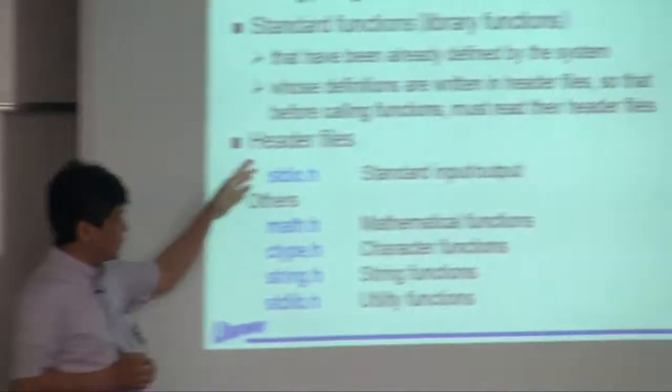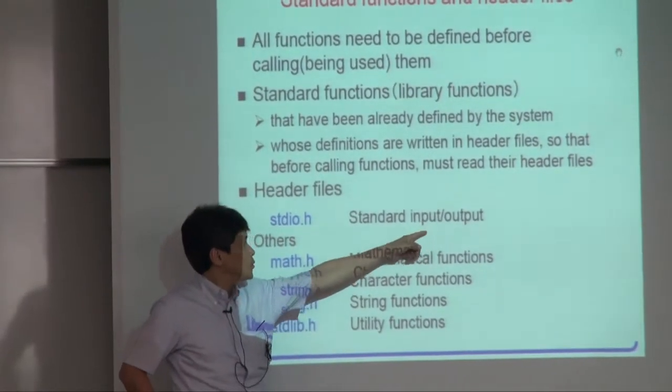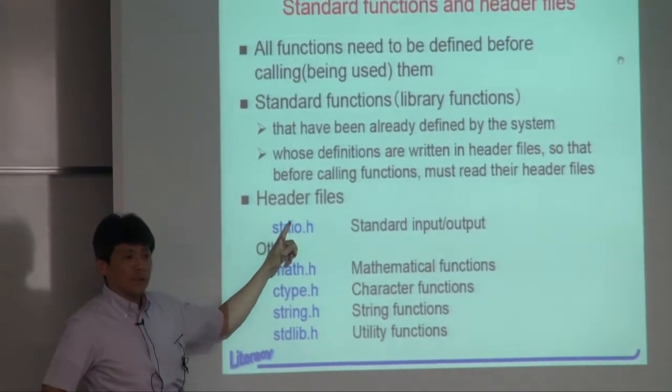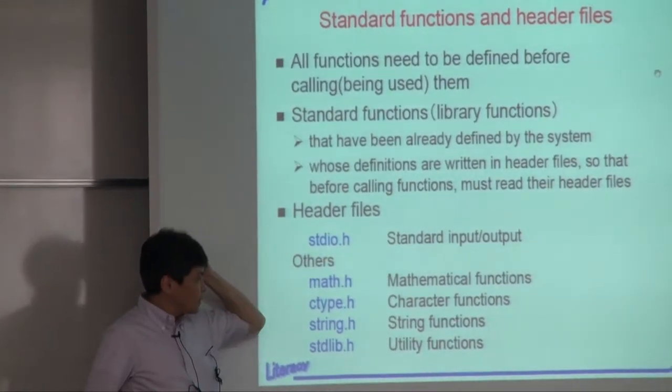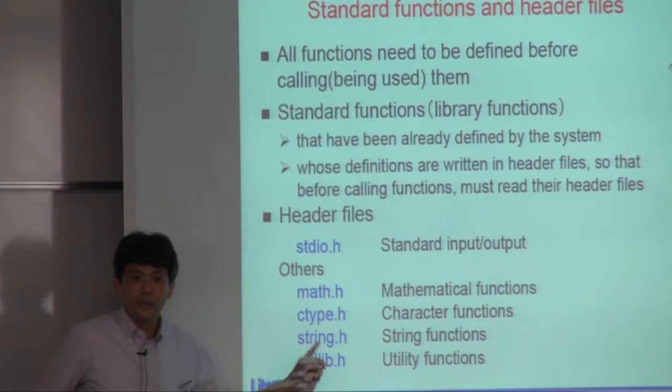So there are some header files. For standard input output, the standard IO header exists, and also the math header, the ctype header, the string header, and the standard lib header.